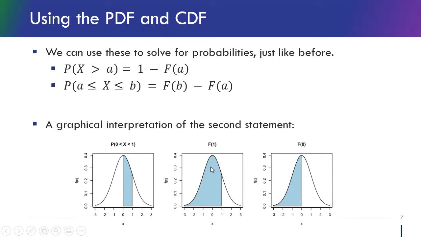What we are doing here is we get this whole area on the left of 1, and then we minus the whole area on the left of 0. So this area minus this area, we get the area in between. So that's the probability for this interval, which is underneath this curve.